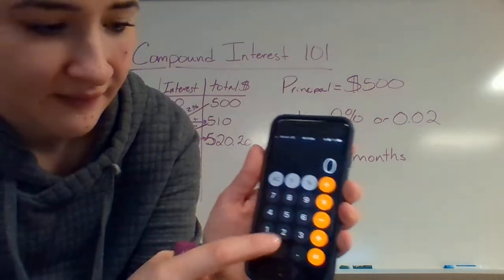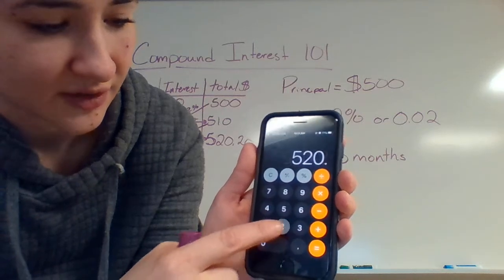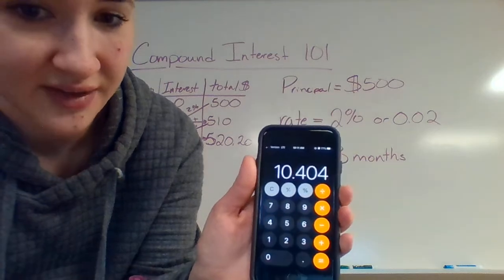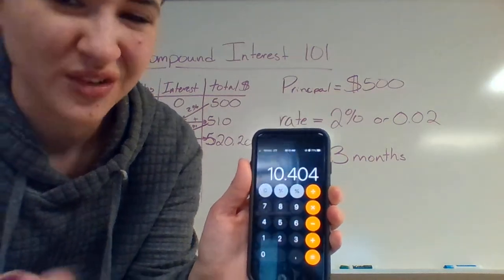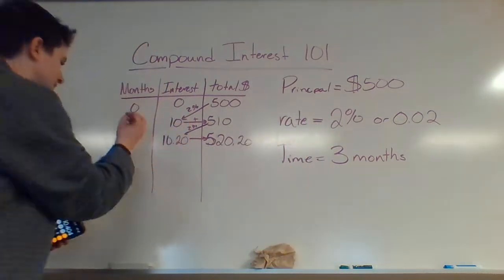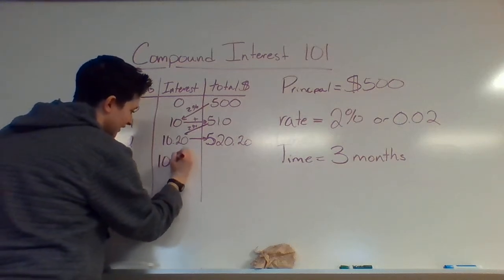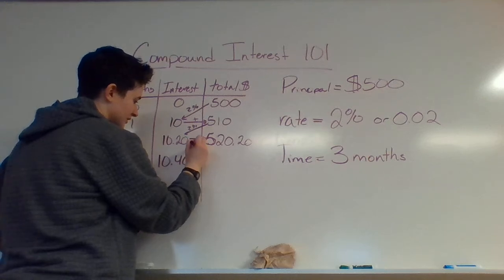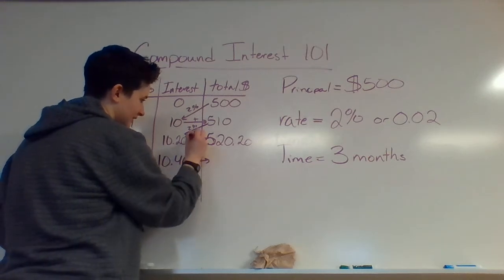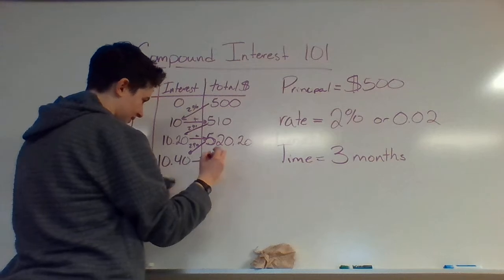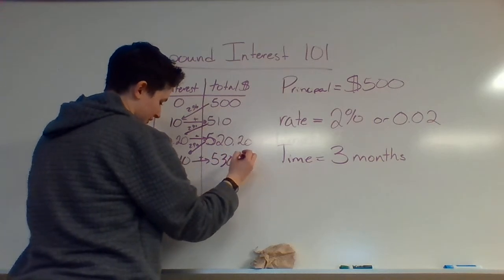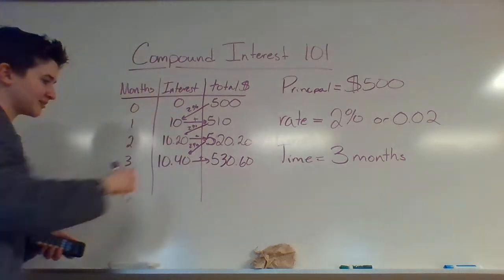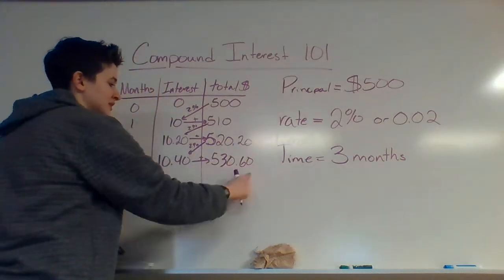So we're going to take 520 and 20 cents. We're going to multiply it by 0.02, which gets us $10 and about 40 cents. So that was my percentage. Now I need to add it to get 530.60. All I did was add my 10.40 to my 520.